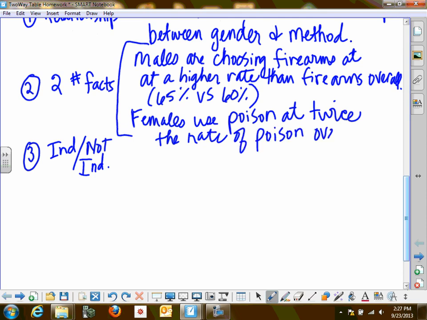See how I'm always comparing it to that category overall, and then give specific numbers. That was 38% to the 19%. Okay.